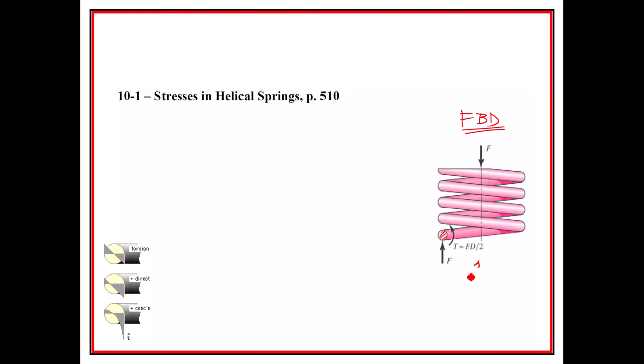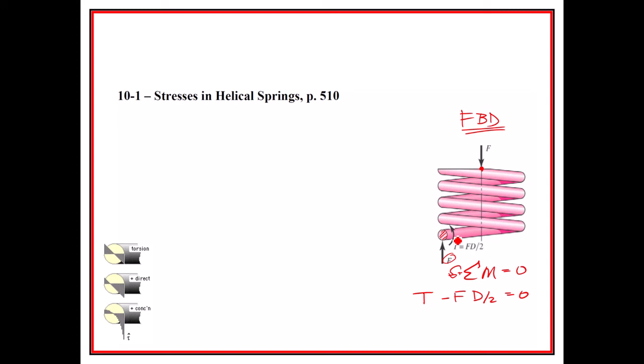If we take the sum of the moments about, let's say, this point right here, what we would find is that we would have F happening right here, and there would be some kind of torque placed onto the thing. The torque would be the counterclockwise one. That's the reaction torque, and then this force times d over 2 to equal 0.